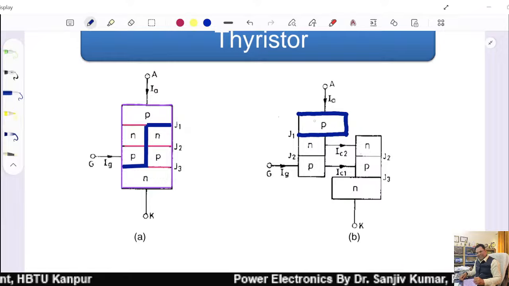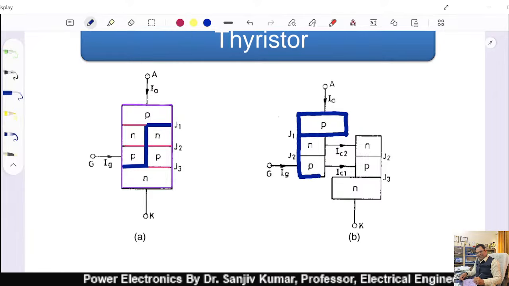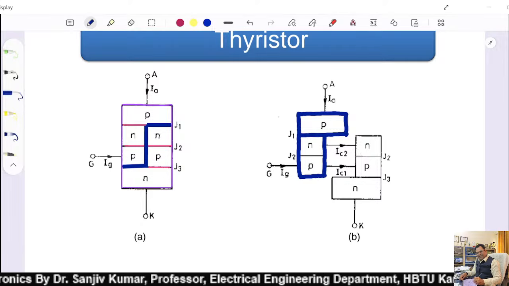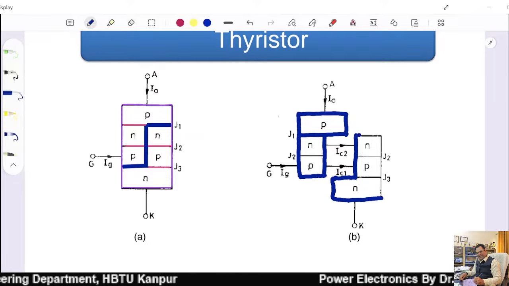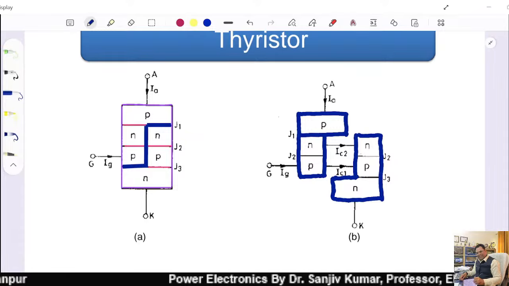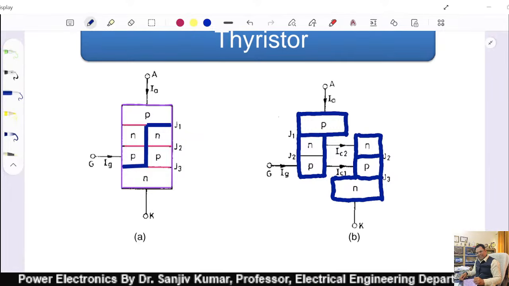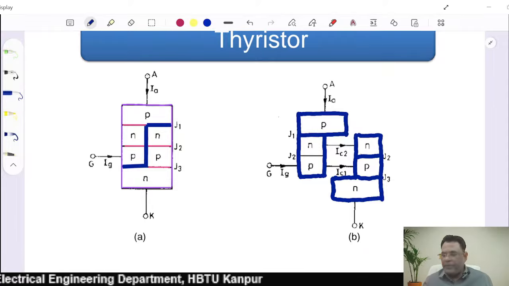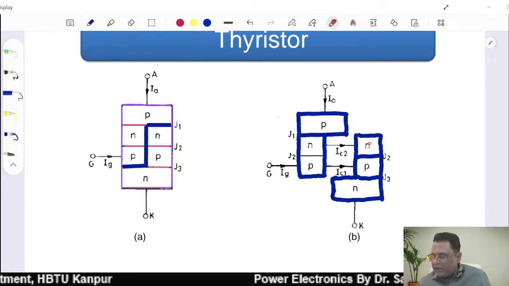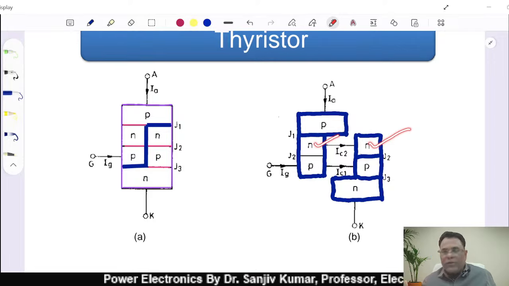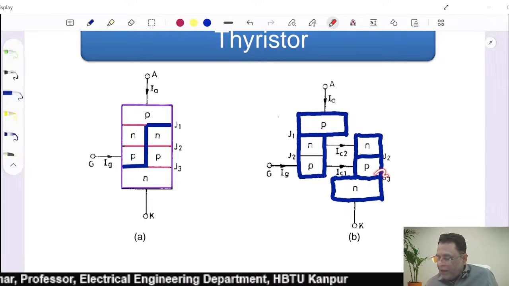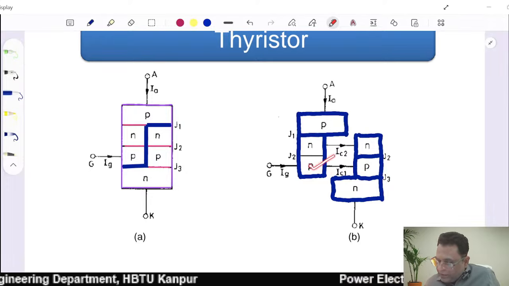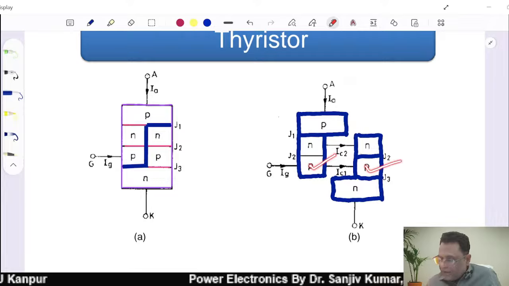This is one transistor, it is another transistor. If you look at this, what will you notice? You can notice the collector current of transistor 2 is the base current of transistor 1, whereas the collector current of transistor 1 is the base current of transistor 2.